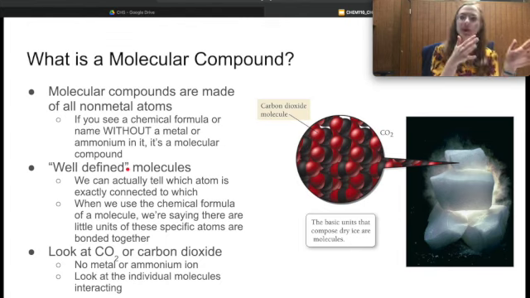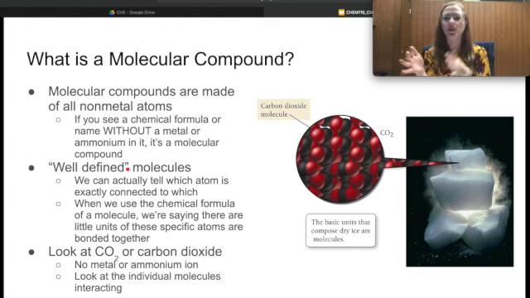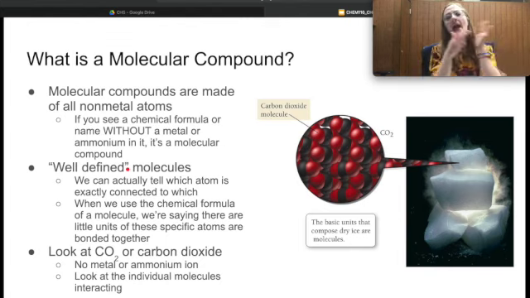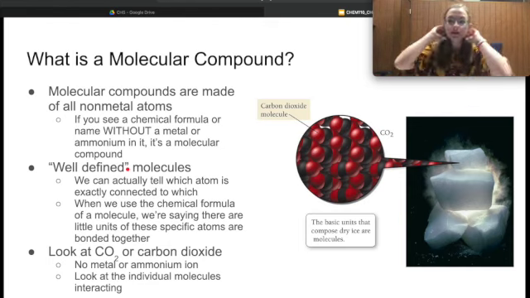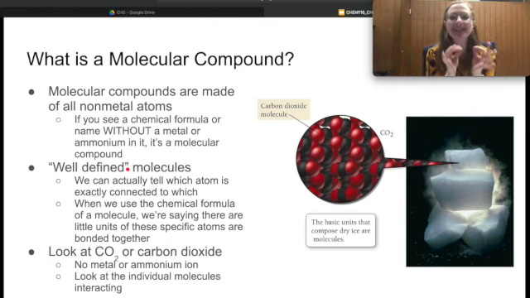Ionic compounds were ill-defined. We couldn't tell which sodium went with which chloride in our picture. However, in well-defined molecules, we can tell which atom is connected to which, and we can see separate molecules from each other. We call them formula units in ionic compounds because we can't separate out exactly one sodium chloride.